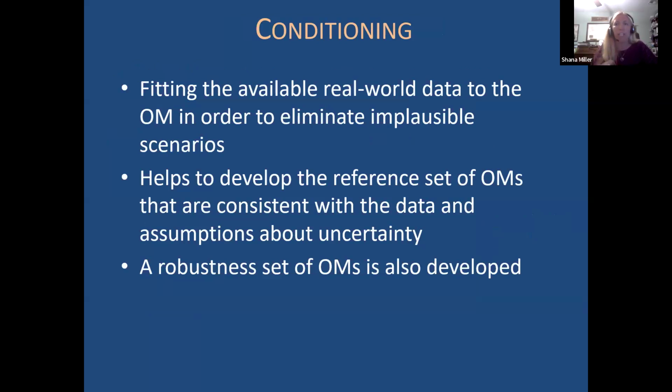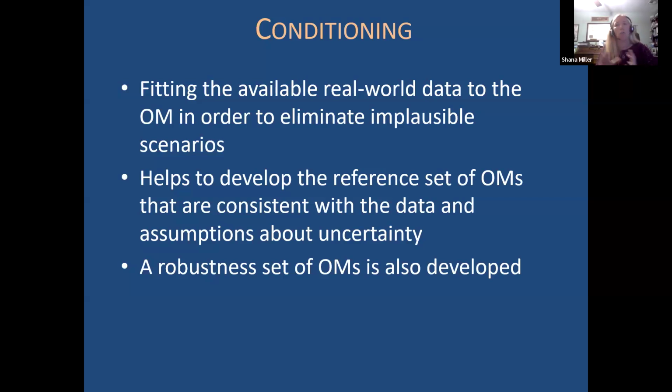And we condition the operating models by fitting the real world data to the operating models to eliminate any scenarios that are implausible. And that allows us to develop what is called our reference set of operating models, our most likely scenarios.